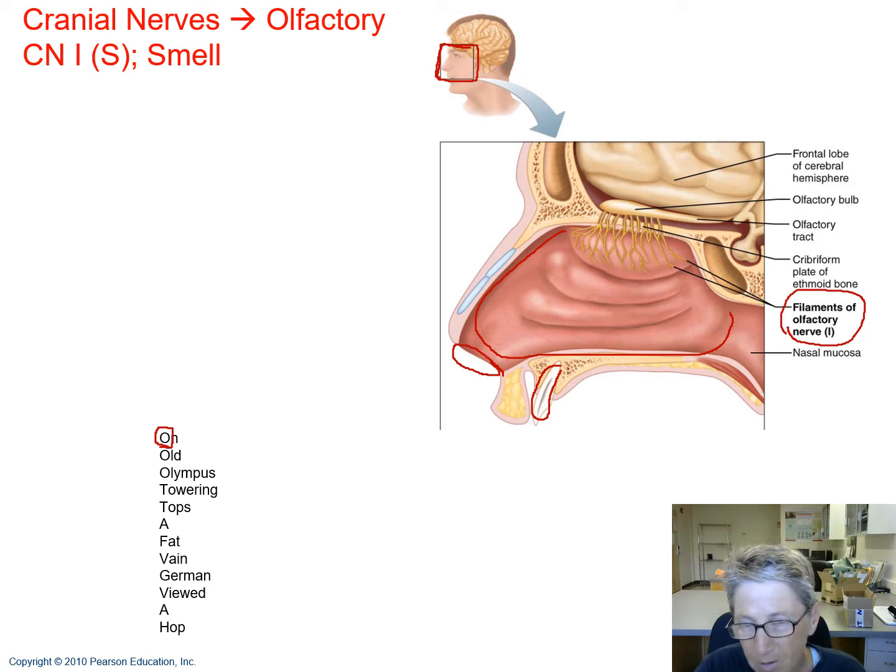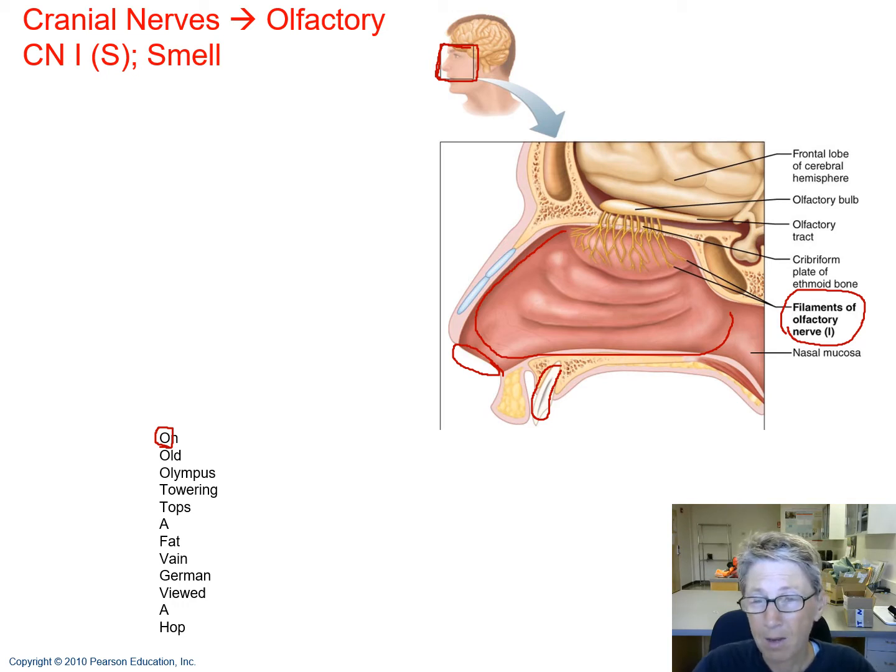So these little guys at the ends here, the dendrites, have little receptors for odorant molecules. Those odorant molecules bind and you get a receptor potential. And then if enough odorant molecules bind, you get an action potential that travels along the axon.